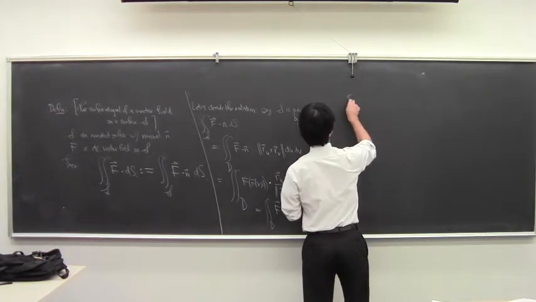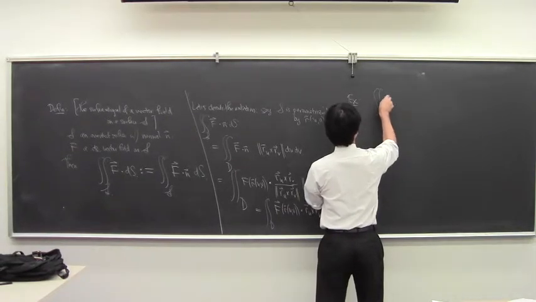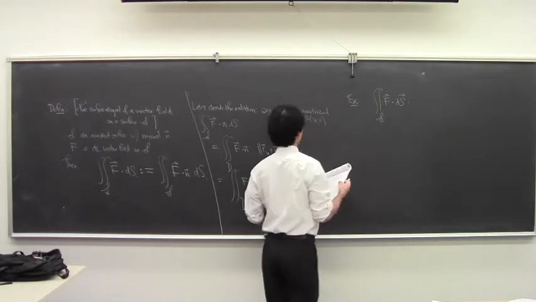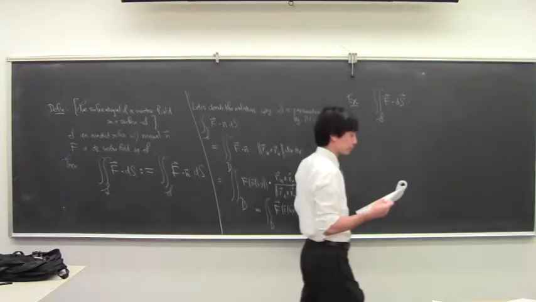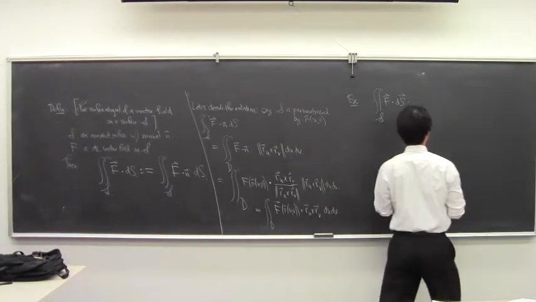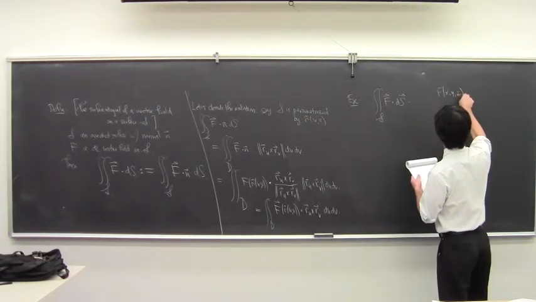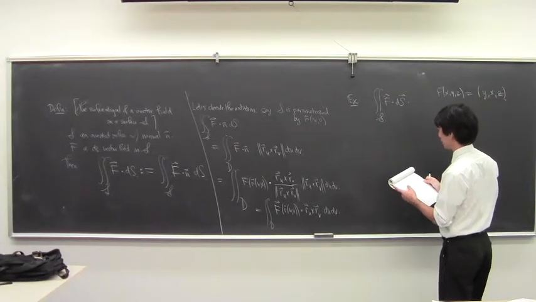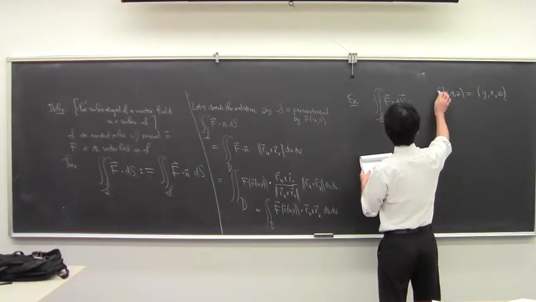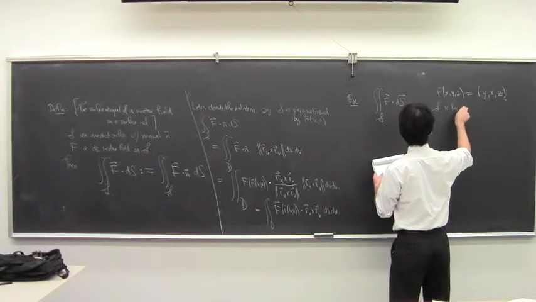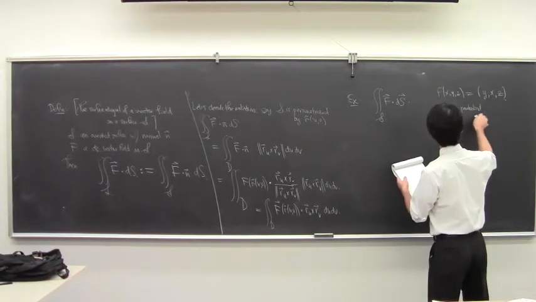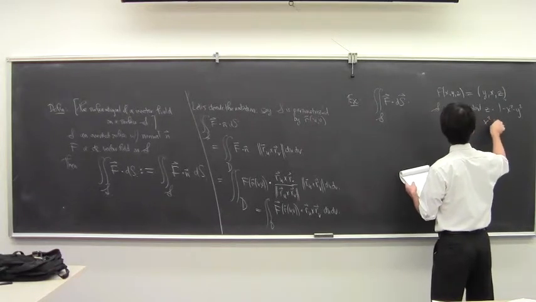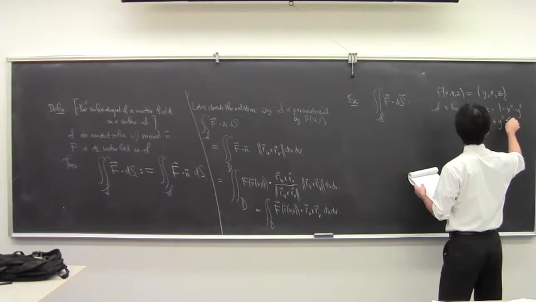So, for example, somebody asks you to calculate the flux of the field through this surface, where the field is F = (y, x, z), so xyz gets turned into yxz, and S is the paraboloid z equals 1 minus x squared minus y squared over the unit disk, x squared plus y squared is less than or equal to 1.